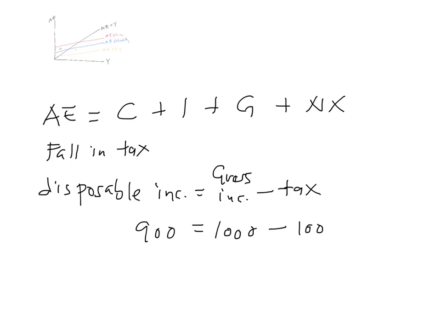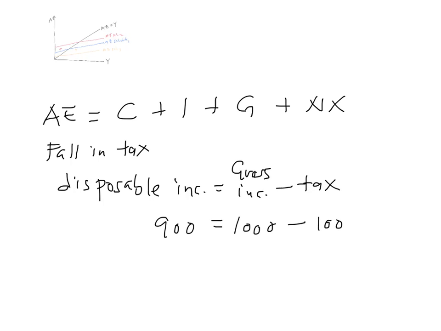But if the tax rate falls to 5%, then you're going to end up in a situation where you're going to be paying $50 in tax, not $100, and your disposable income is $950. So you have more money to spend, and your consumption will go up. Your consumption goes up, your aggregate expenditure goes up. Okay, so that's one situation where fall in tax.